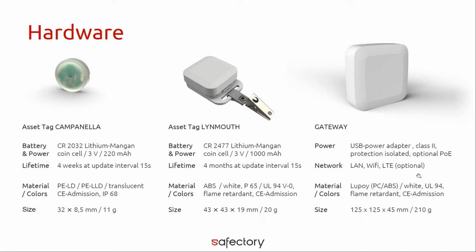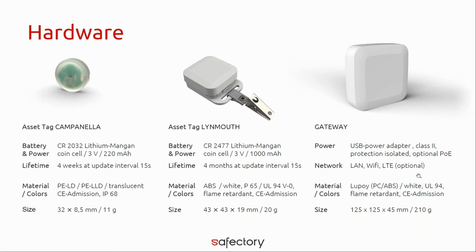It also has a motion sensor, as also the Campanella has, which can trigger the action only when the device is moving, and can save battery at night when the worker or person is not wearing the device. And the device has an especially long battery life and can be worn by workers day to day.